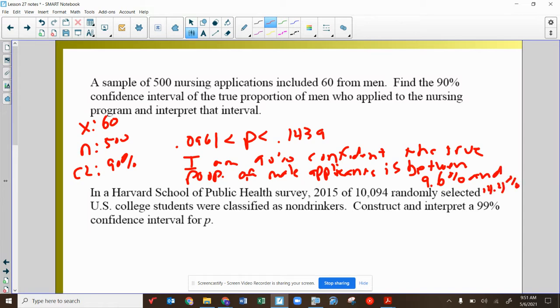You can go more decimal points. Write those in here when you're writing your interval.